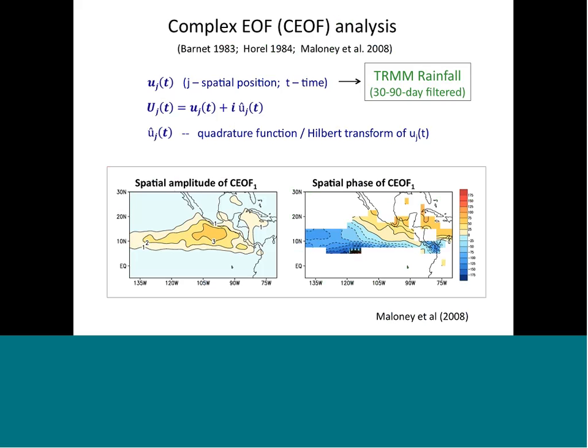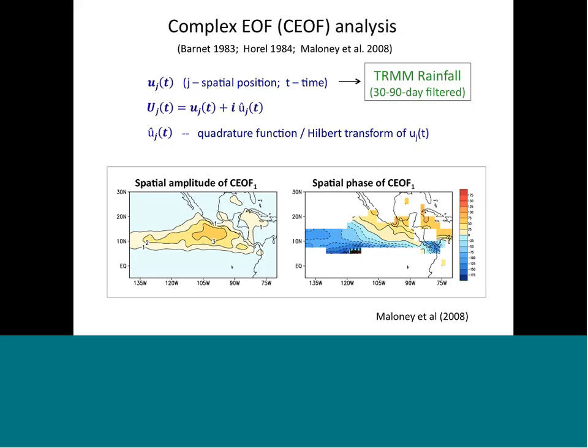So here, we then apply the complex EOF approach, to try to extract the leading ISV modes over the Eastern Pacific. This approach mainly follows Maloney et al. 2008. One advantage of the complex EOF is that because the eigenvector is complex, it can capture the propagation features by just the leading EOF mode rather than a pair based on the traditional EOF or extended EOF.